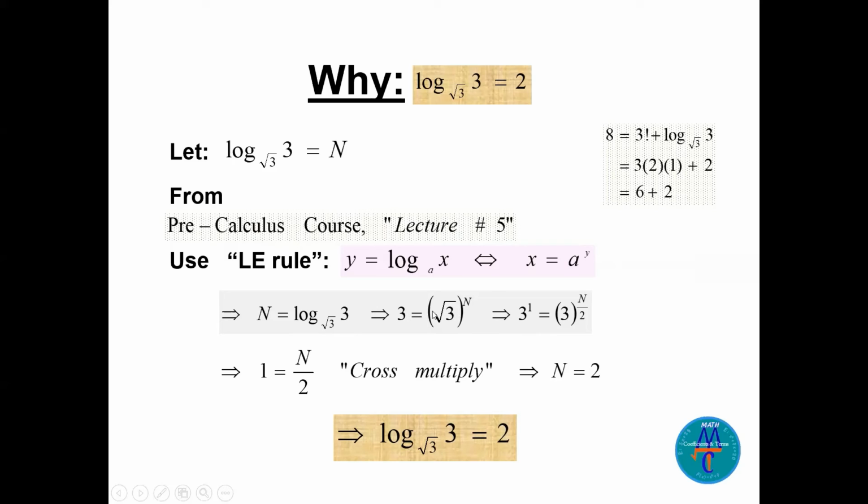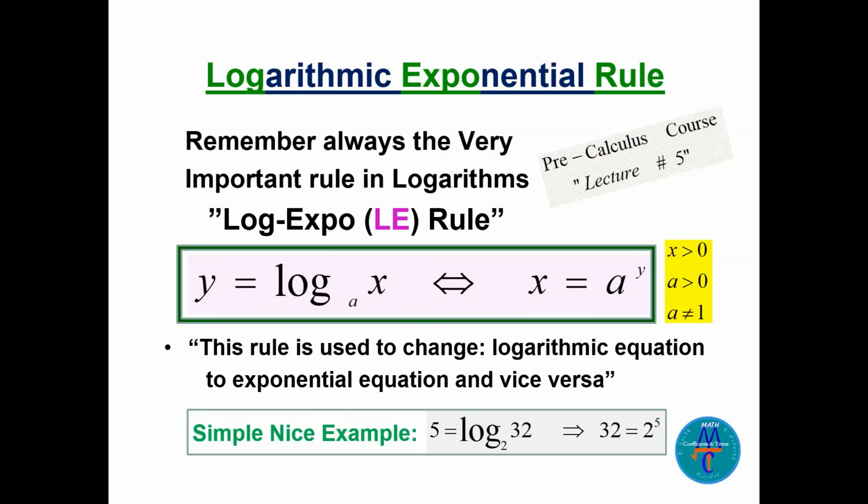So we get on the left side 3 to the power 1, on the right side 3 to the power n over 2. Here we have the same base 3, so 1 equals n over 2. Cross multiply, n is equal to 2, which is the same expression, log base square root of 3 of 3 is equal to 2.